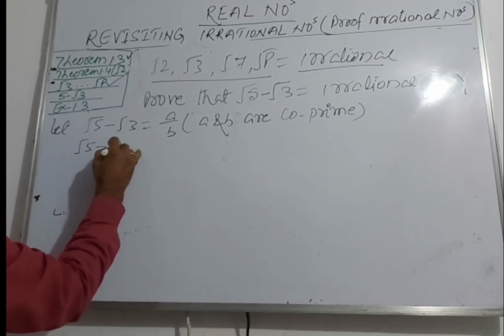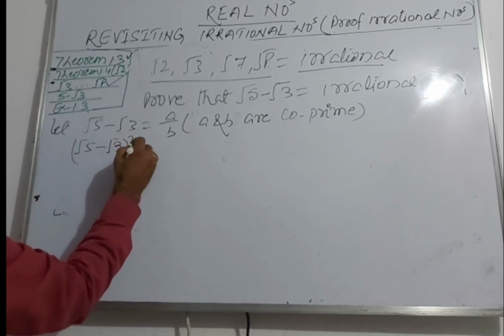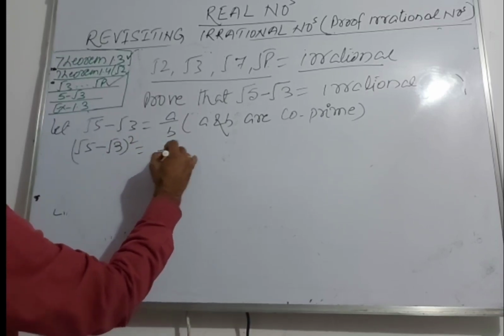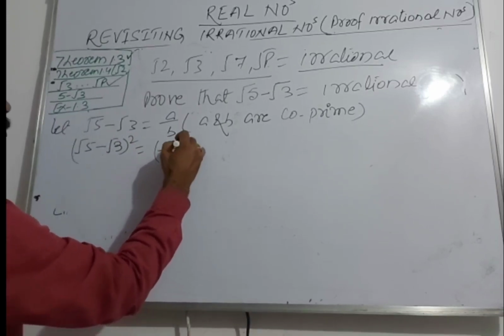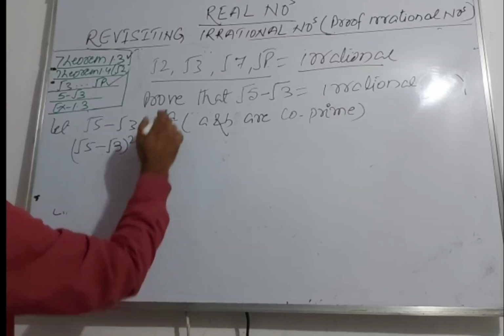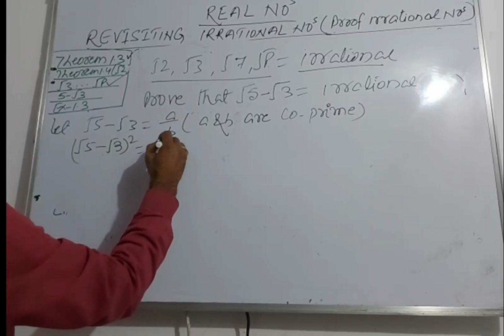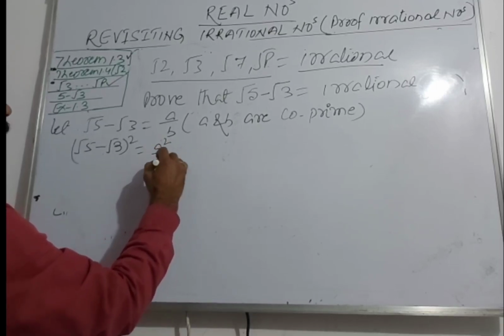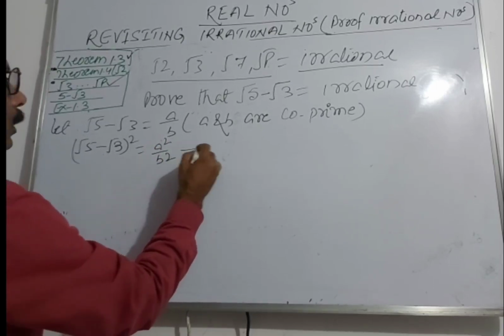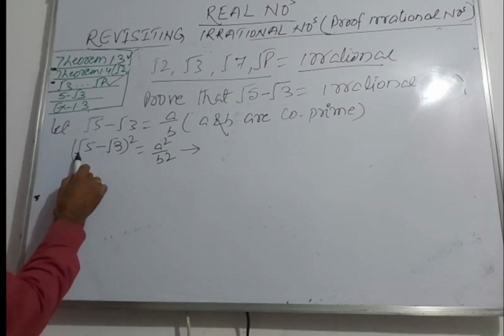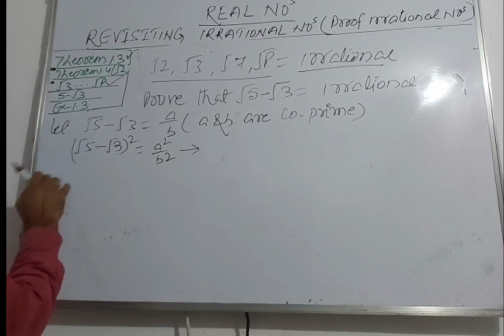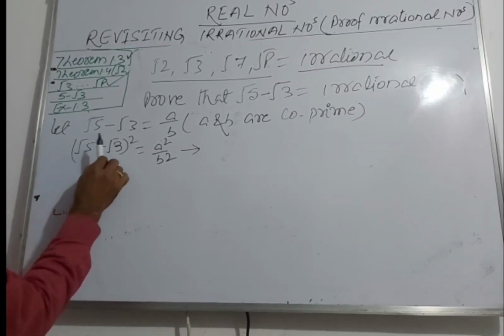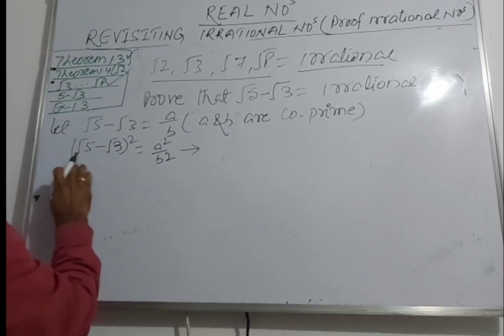So root 5 minus root 3 whole square equals a by b whole square. Directly we can write, no? Squaring both sides, a square by b square. Let us do the left side, a minus b whole square. That means a square plus b square minus 2ab.